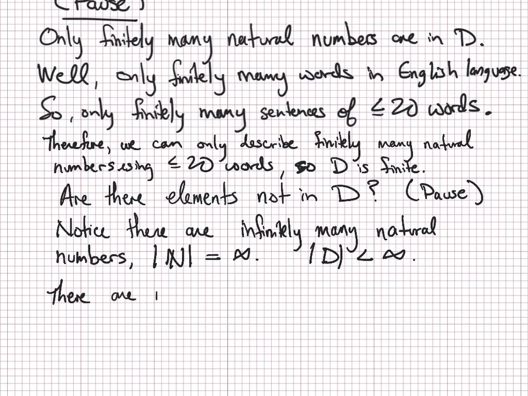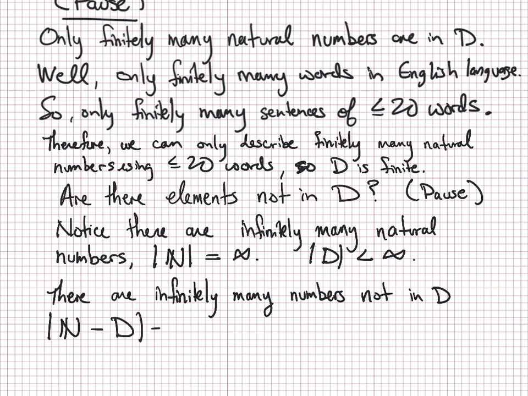Which means that there are infinitely many numbers not in D. And the way that we could write that is the cardinality of N minus D is still infinite.